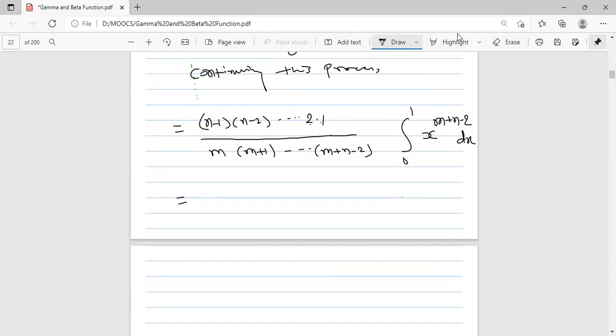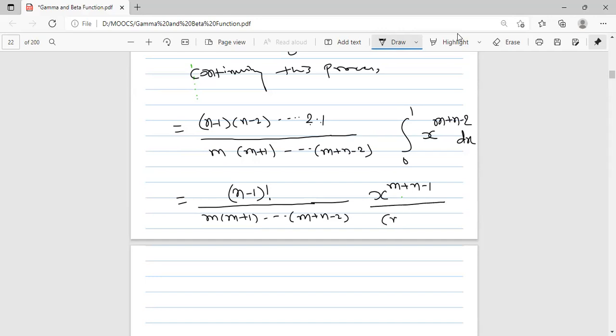Therefore, n minus 1, I will write as n minus 1 factorial divided by m, m plus 1, and so on, m plus n minus 2. Its integration is m plus n minus 1 divided by m plus n minus 1, with limit 0.